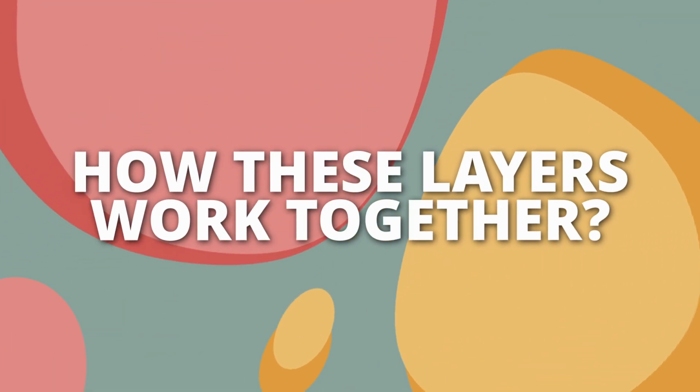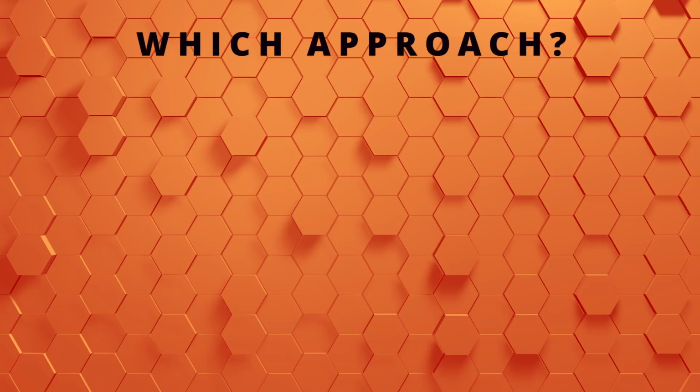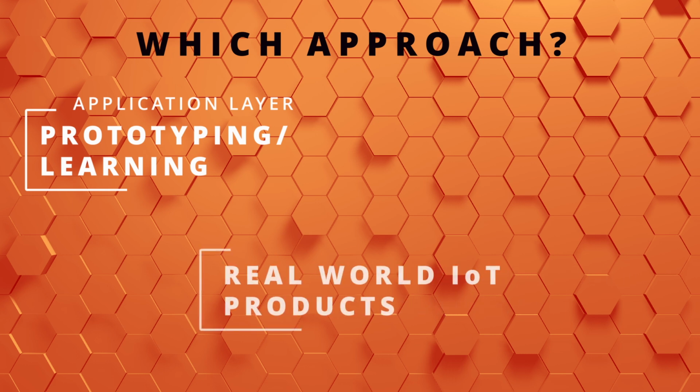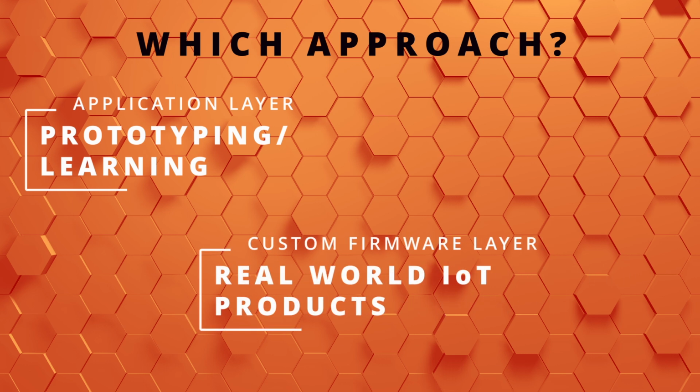How these layers work together. Now you might be thinking, which approach should I use? The answer depends on your goal. If you're building prototypes or learning, go with Arduino or MicroPython, which is the application layer. If you are developing real world IoT products, use ESP-IDF, which is the custom firmware layer.